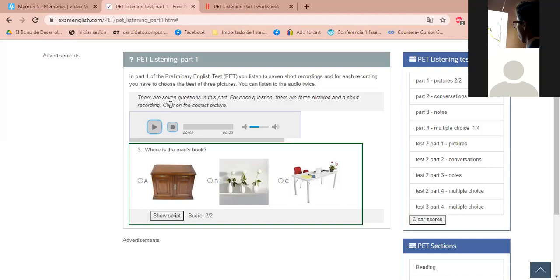Listening the table, bueno, estoy dudando entre la B porque también mencionaba the flowers, entonces no estoy tan segura. Okay, yes. Grace, why is letter C for you?